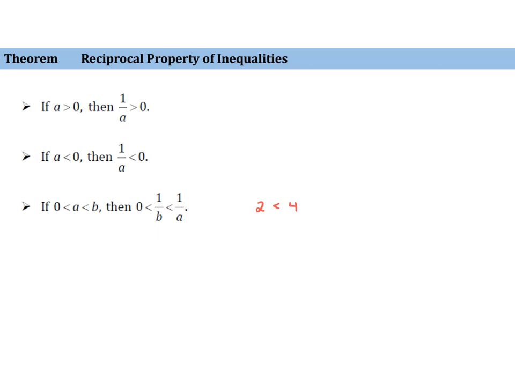If we take the reciprocal, 1/2 and 1/4, 1/2 is bigger, even though 2 is smaller. So 1/4 will be less than 1/2, which corresponds to what we're seeing here. Likewise, if we have negative numbers and a is smaller, then its reciprocal will be larger than the reciprocal of b.